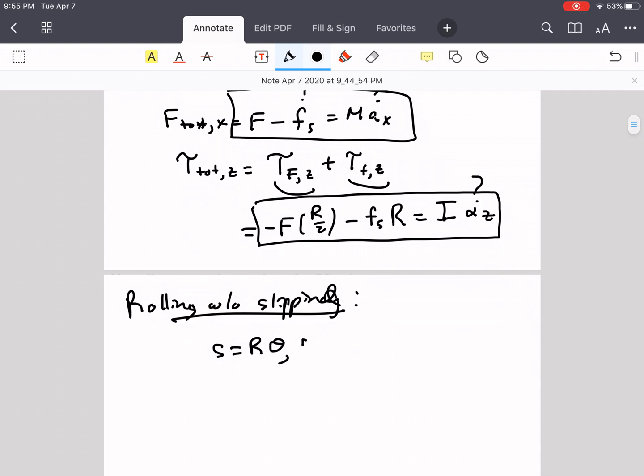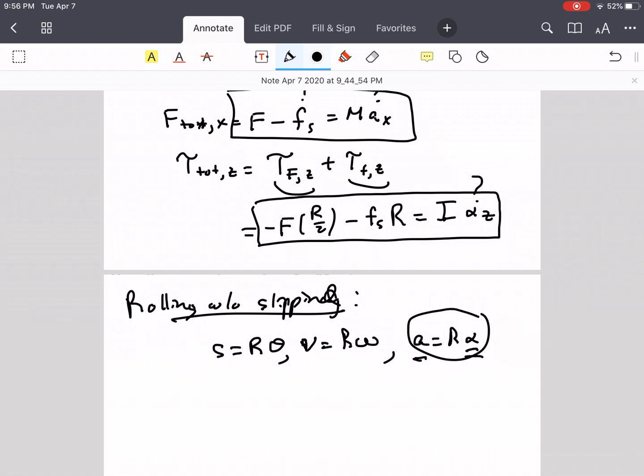We know that the magnitude of velocity, or the speed, is equal to r times omega, the magnitude of omega. And we know that A is equal to r times alpha. So here, of course, A and alpha are what we're going to use. Now, I want you to be careful when you're using this law, because this just tells me that the magnitude of acceleration is proportional to the magnitude of alpha. We still need to be careful about the signs.